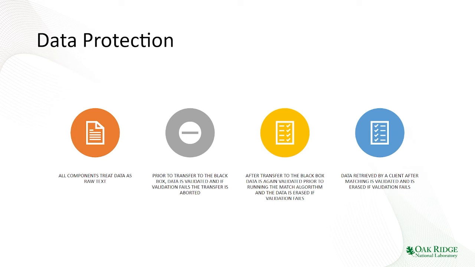If it is, it's transmitted to the external node. The external node checks it again. If it doesn't match the format that's required, it discards it. The compute node checks it after a transfer. If it doesn't match the correct format, it discards it. When data is staged for retrieval, if it doesn't match the format, it's discarded.